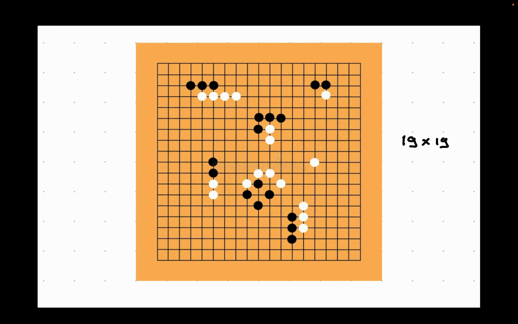Now the catch is, if I manage to circle my opponent's pieces at some point during the game, then these pieces get thrown out and I capture this territory. So that is basically the game.